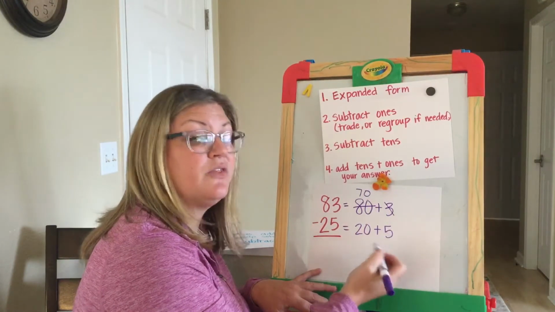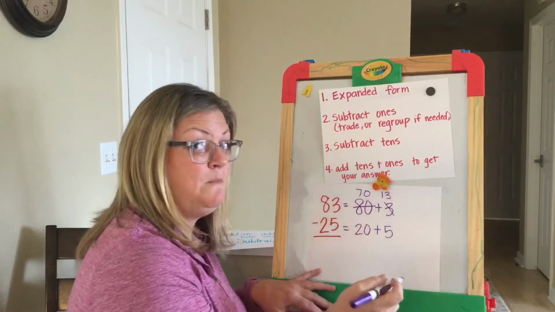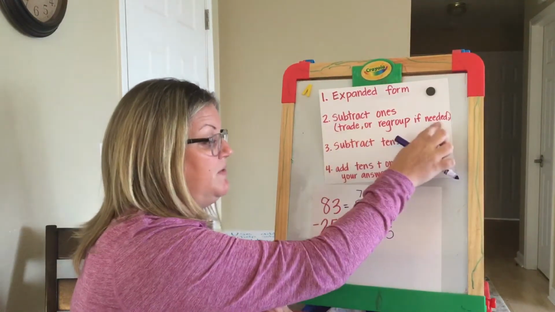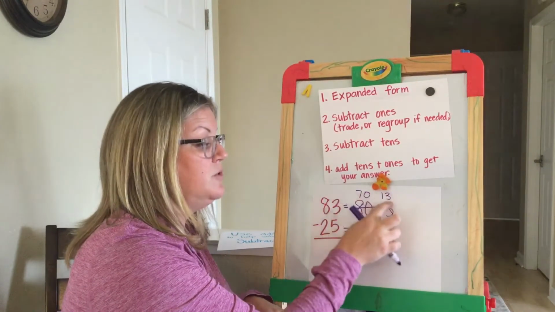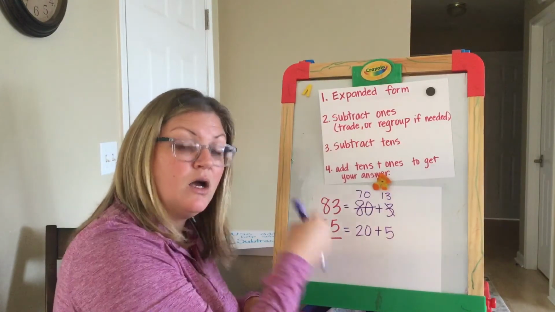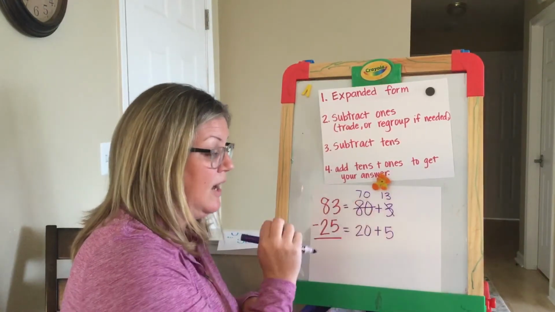And instead of 3, 3 plus 10 is the same as 13. Now I can look at subtracting my ones. So that was the regroup if needed. I needed to regroup. So I took 10 away from here and moved it over here. Just like my base 10 blocks, instead of having a long, I can break that out into ones. Same thing. This is just how I'm showing it now.